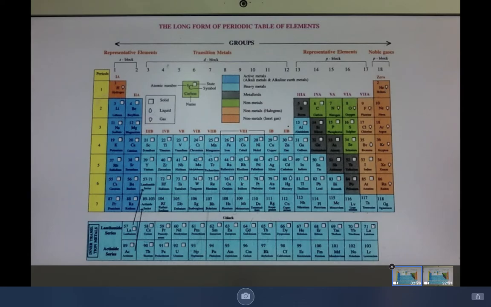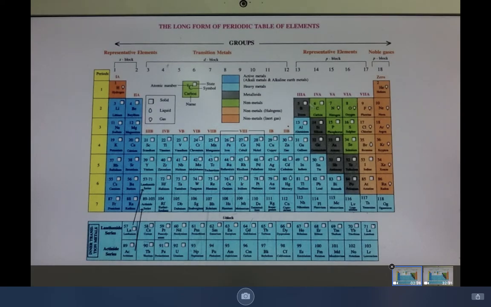Let's go to period 2. What was the lithium electronic configuration? Repeat in your minds. It was 2, 1. That means first shell में कितने electrons थे? There were 2 electrons and second shell में 1 electron. यहाँ पे first shell 2 electrons, second shell 2 electrons.